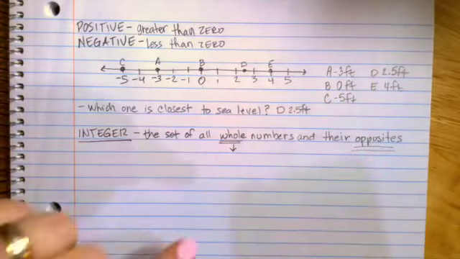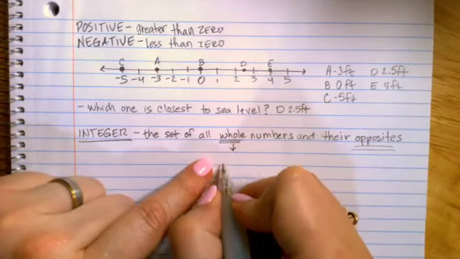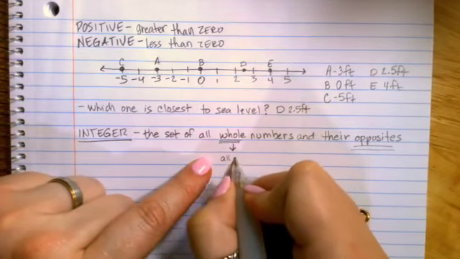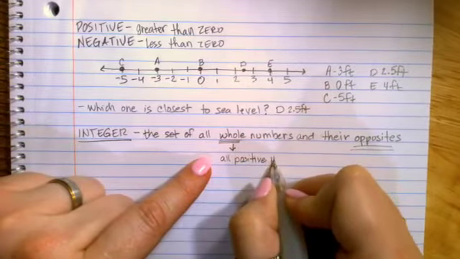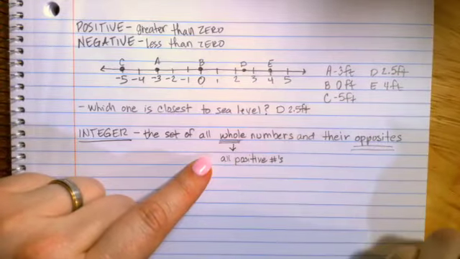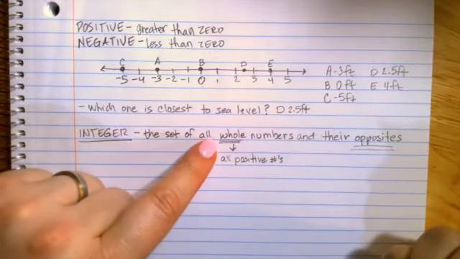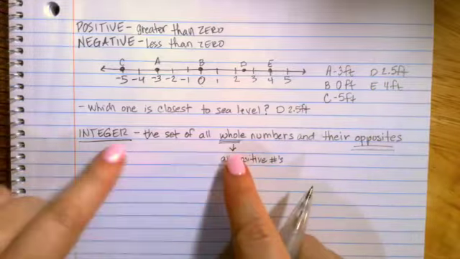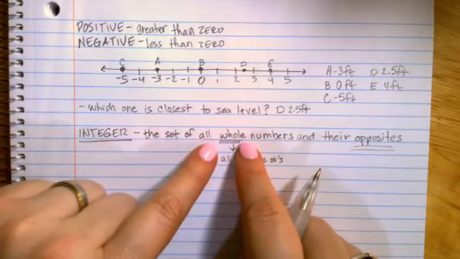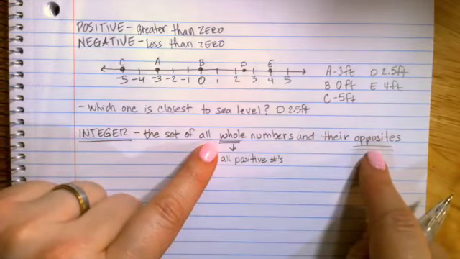Now whole numbers, that's a whole different term right there for you guys. Whole numbers, the definition of that is all positive numbers. If you're talking about a whole number, you're talking about positive numbers. Now, when you're talking about integers, it is all the whole numbers and their opposites.